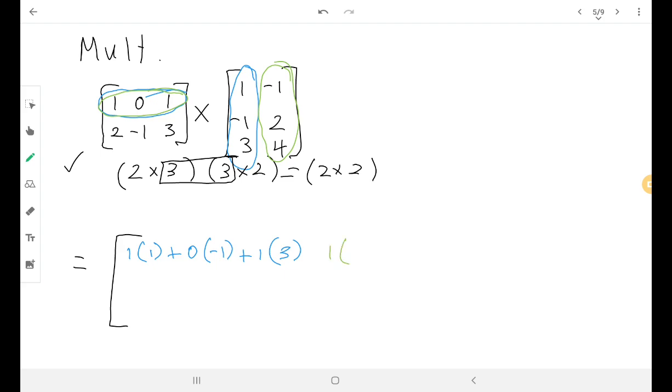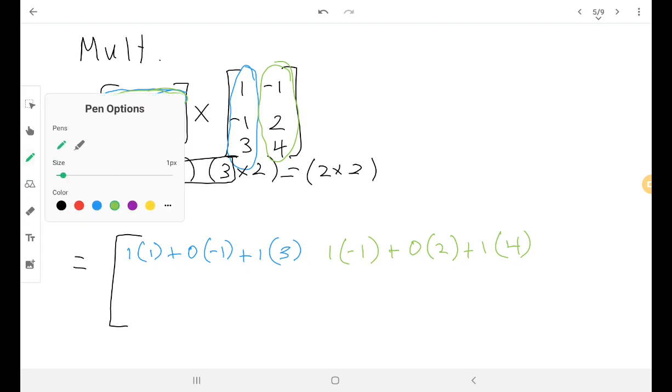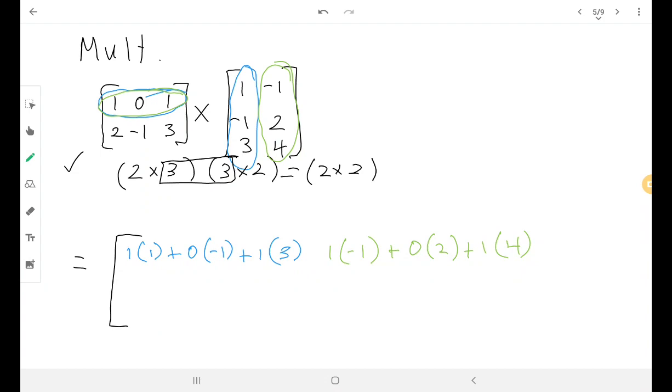First number times first number, so 1 times -1, plus second number, so 0 times 2, plus third number, 1 times 4. Okay? And that actually completes my first row, because there's nothing left to do in the first row.